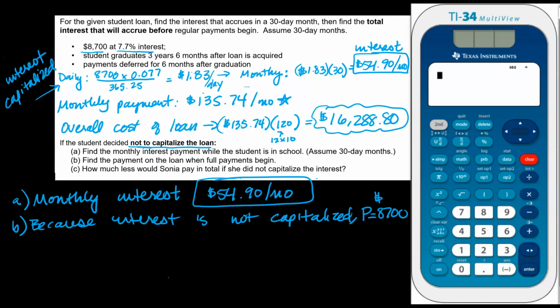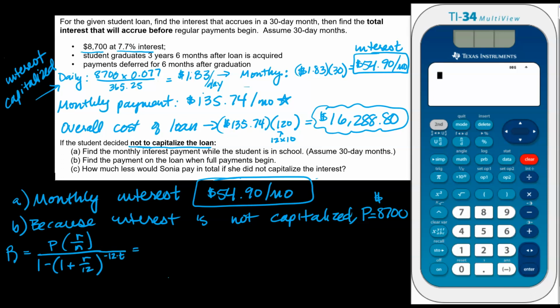So we're going to use our monthly payment formula just like we did in the last example. So R equals P times our rate over N divided by 1 minus 1 plus our rate over 12 to the negative 12 times T power.